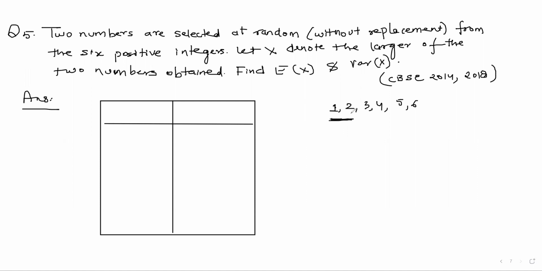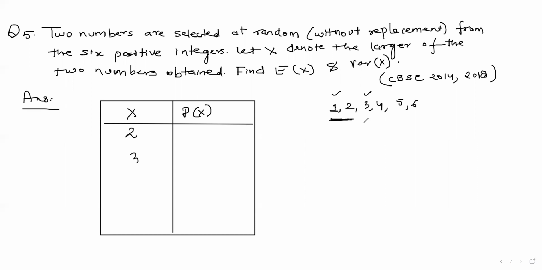So we will write all the options here in X. Now suppose we have selected 1 and the next number is 3. Then what is the value of X? Then 3.